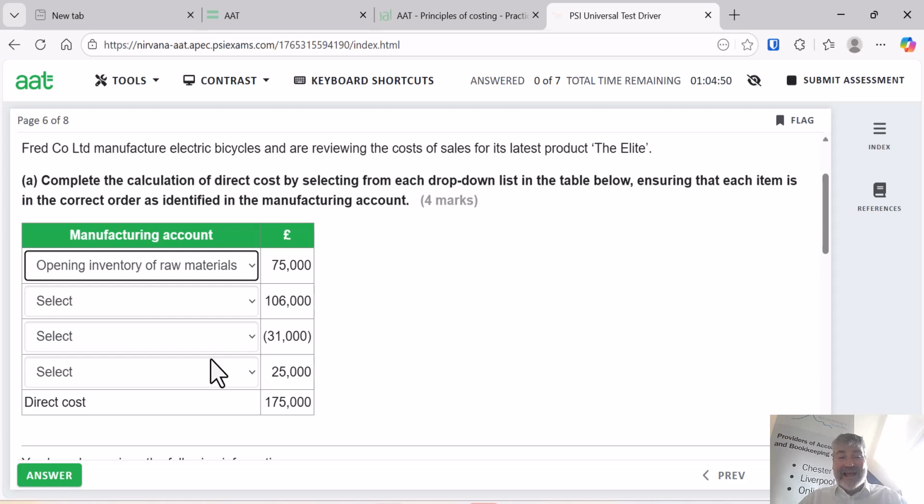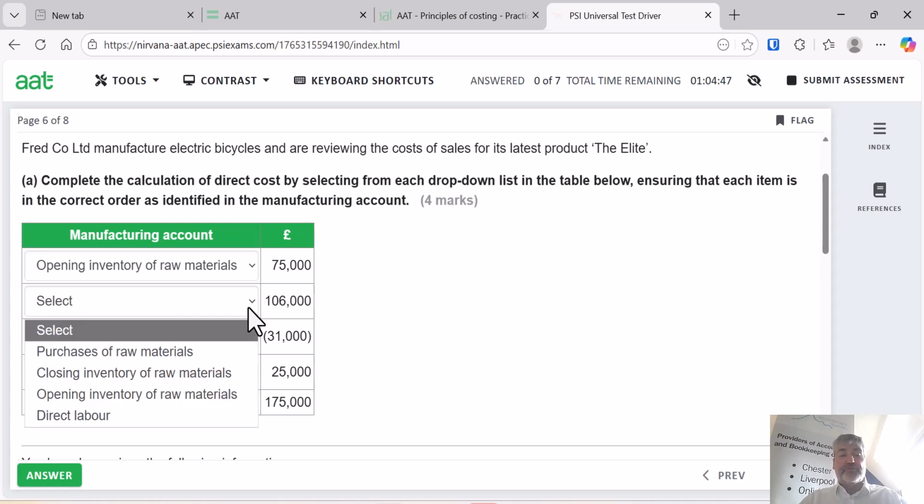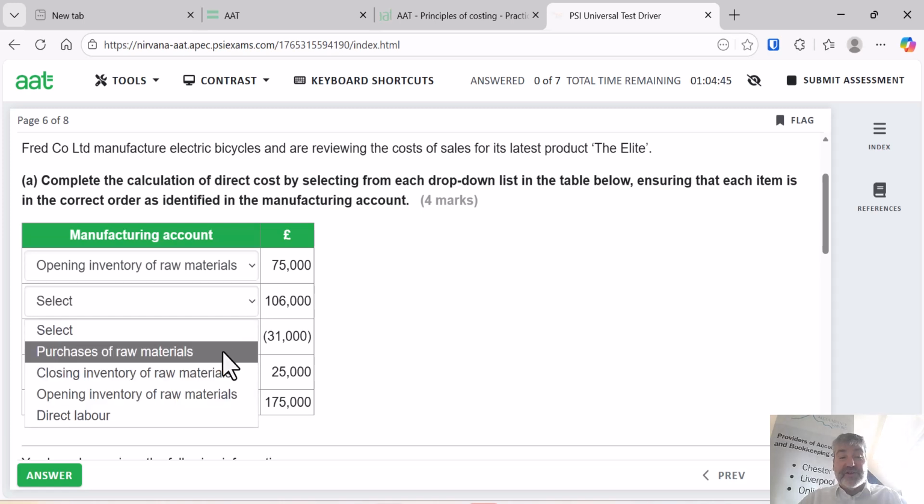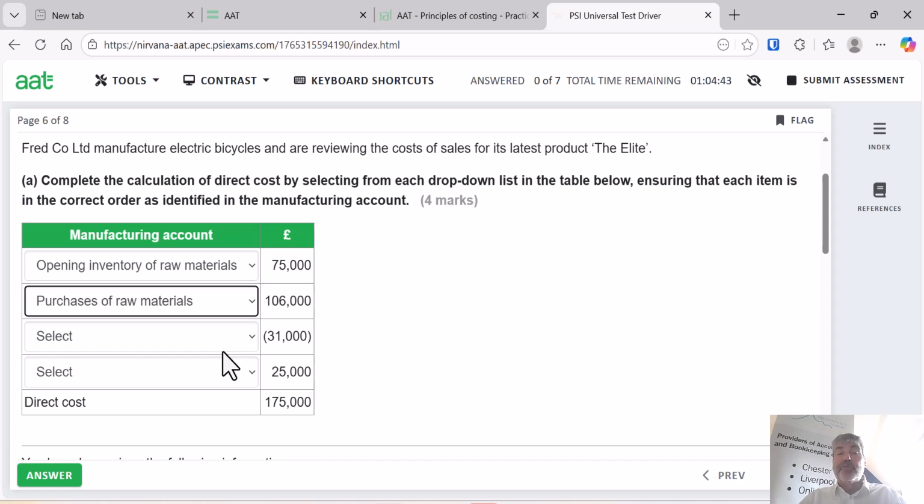Now we add to that the £106,000, which relates to the purchases of raw material across the period. So we're now looking at this and thinking we had £181,000 worth of raw material that we could have issued to the manufacturing process in the period.